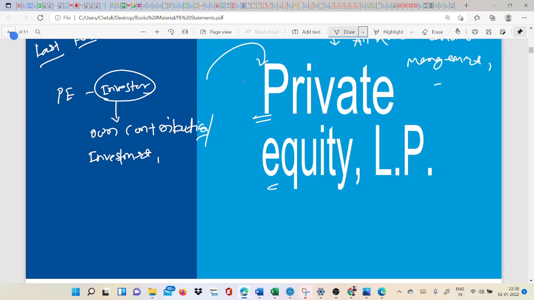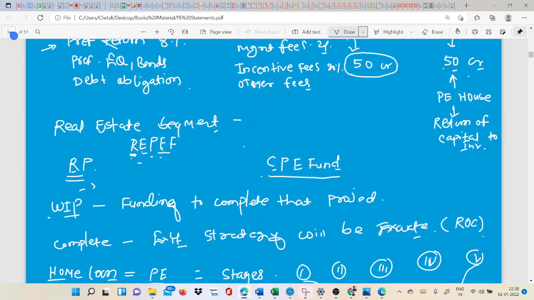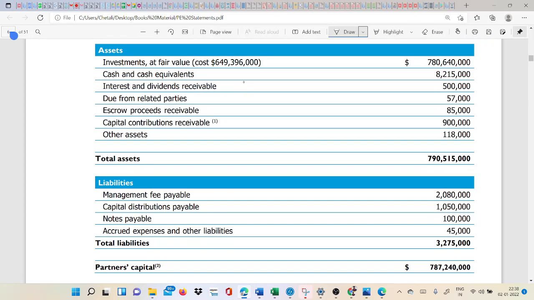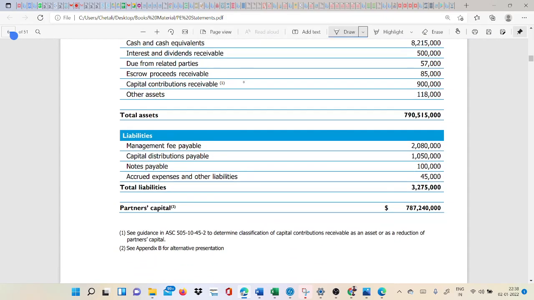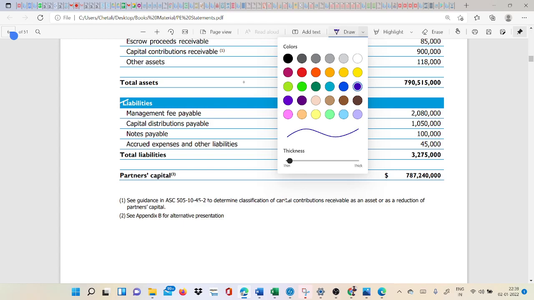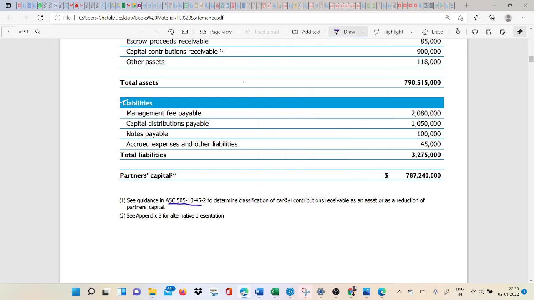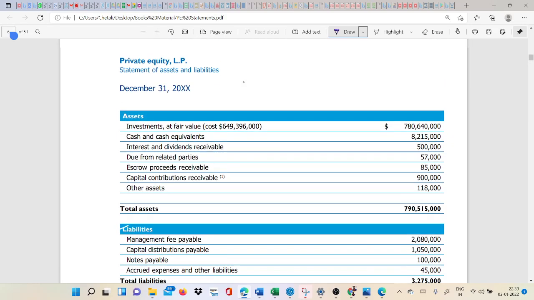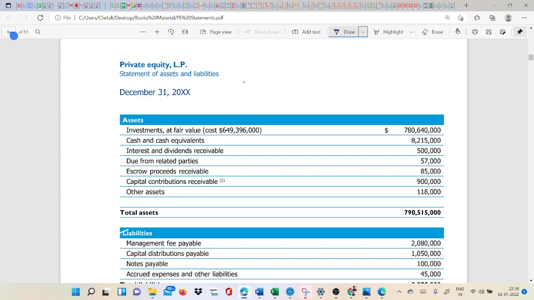Okay, so we'll jump to the balance sheet part. This is your balance sheet. These are the accounting standards, just for guidance. This is for a private equity limited partnership firm. See their statements.